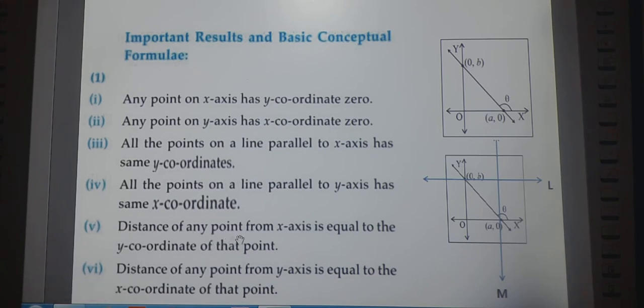Distance of any point from x-axis is equal to the y coordinate of that point. It means when we consider a point, its distance from x-axis is always equal to the y coordinate of that point. Distance of any point from y-axis is equal to the x coordinate of that point.